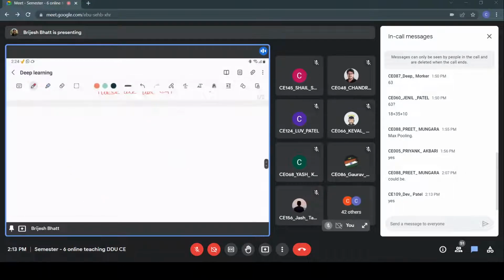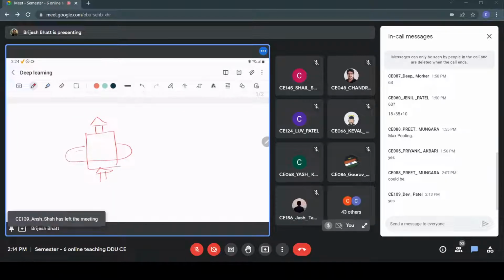Right? So the actual diagram should be something like this. Let's make a black box view of this. What I have done is this.